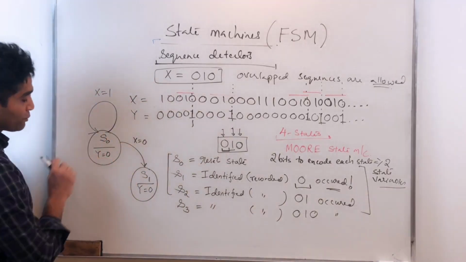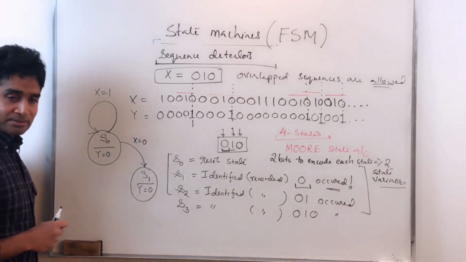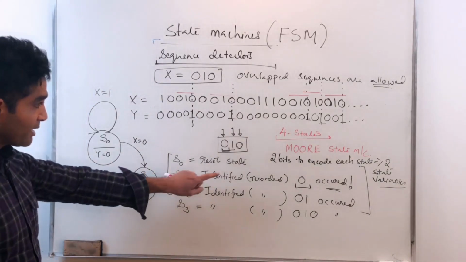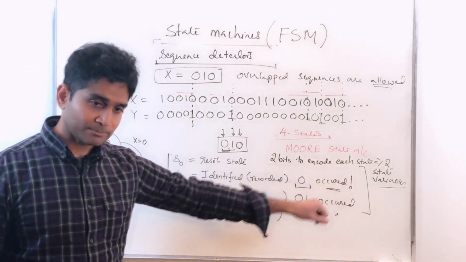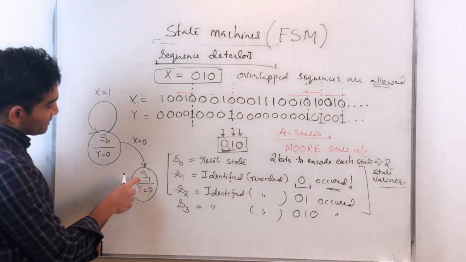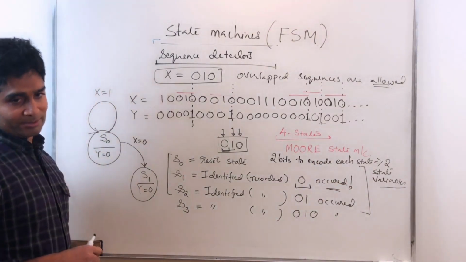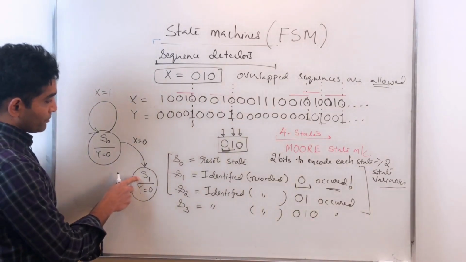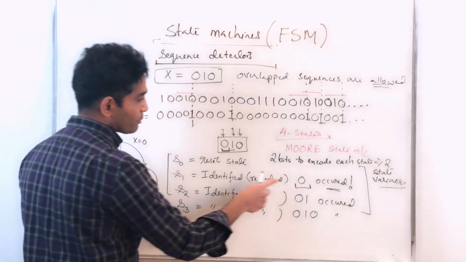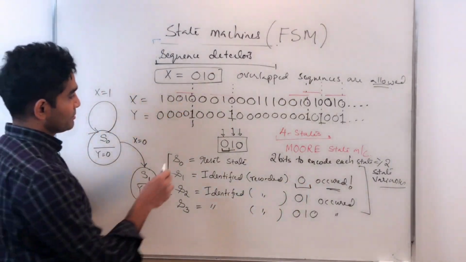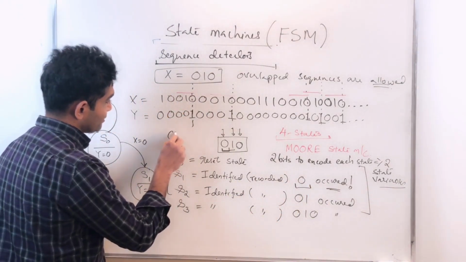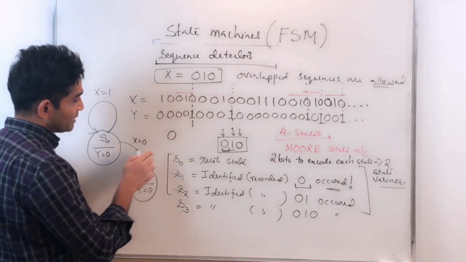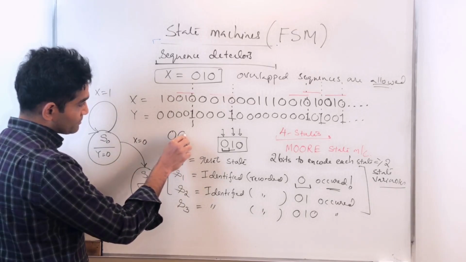Okay, so I'm done with the S0 state. I'll go to the S1 state and do the same analysis again. I'm in the S1 state. That means a 0 has been recorded already. Now let's say I'm in the S1 state and a 0 occurs. It's something like this: my input sequence has a 0, took me to the S1 state, and another 0 occurs.